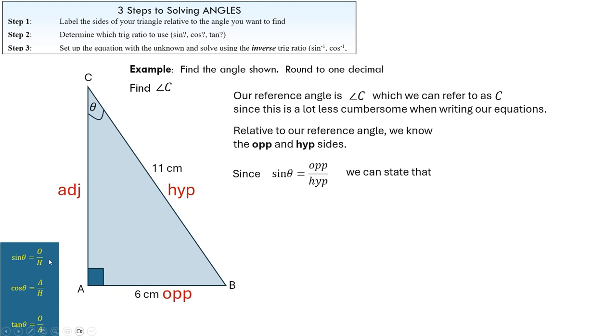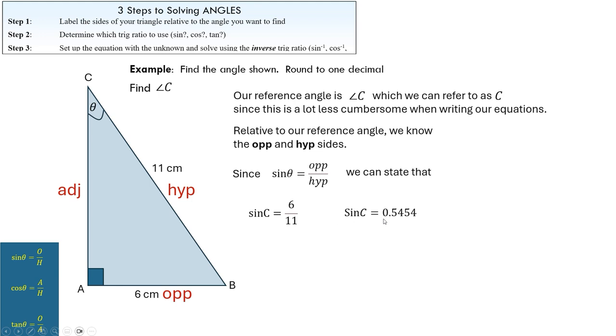So we can say that the sine of some angle equals opposite over hypotenuse. Or more specifically, in this case, we can say that the sine of C equals 6 over 11. 6 over 11 can be written as a decimal.